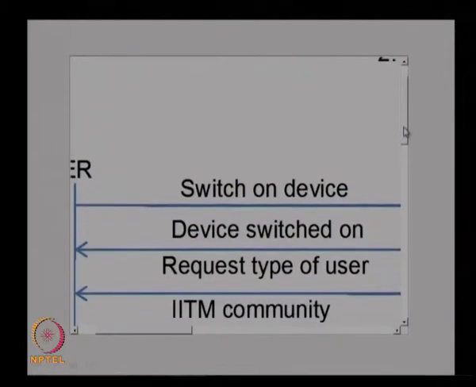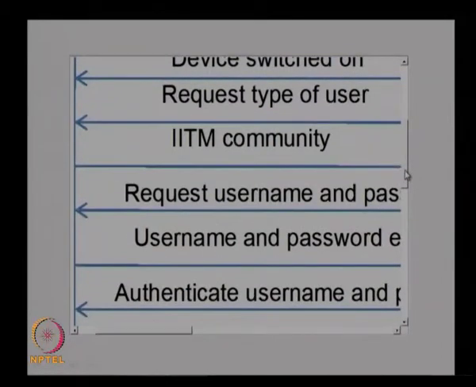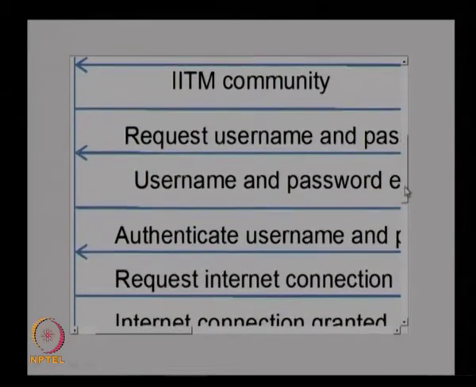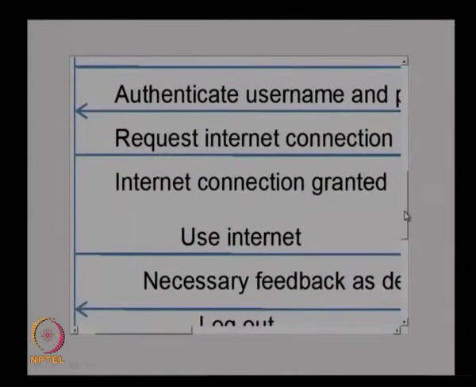Similarly you can see the type of person, that is, an internal person or an outside visitor, that information will be given, and then the username and password will be requested, and then feedback about the authentication will be given. Then the request for internet connection will be given by the user to the system, and you will get feedback that the connection is established.